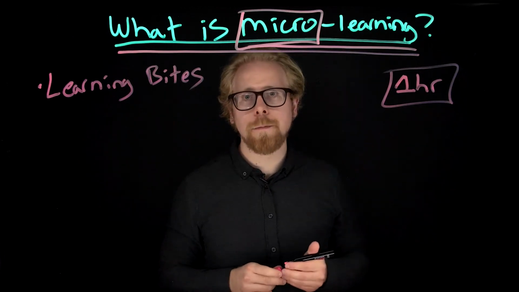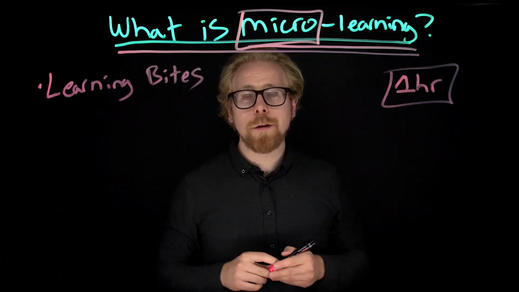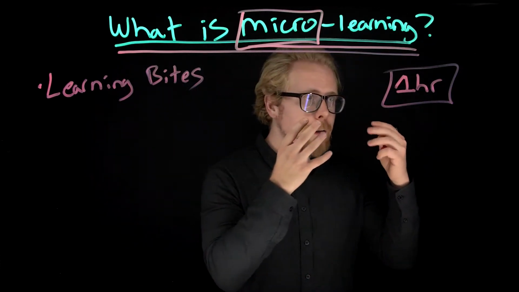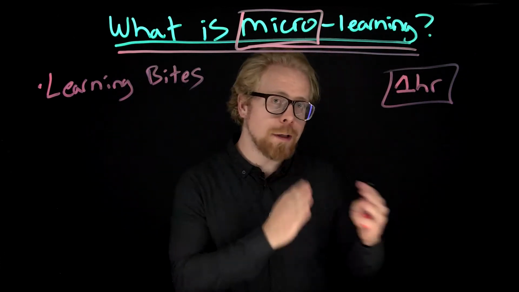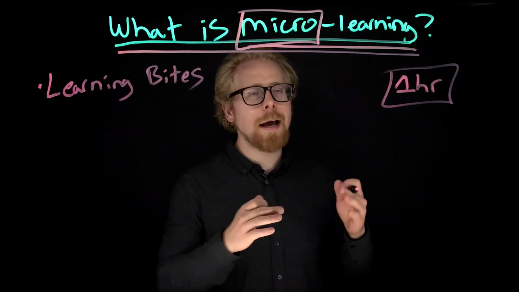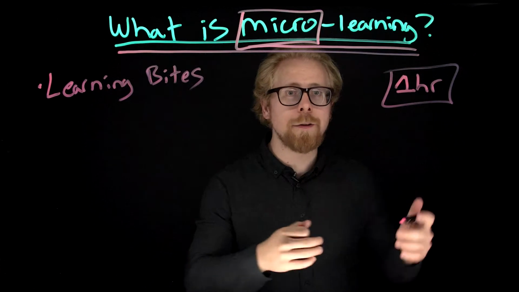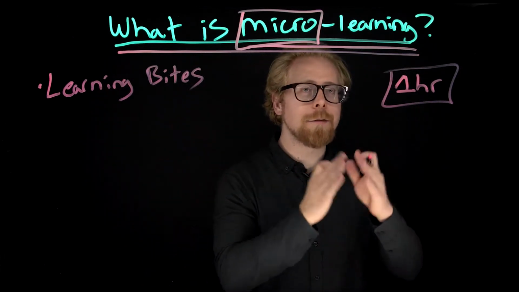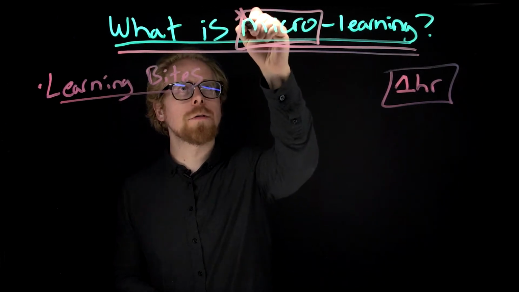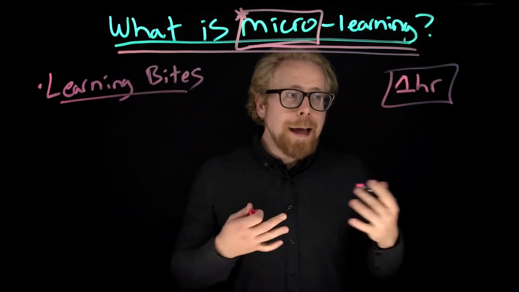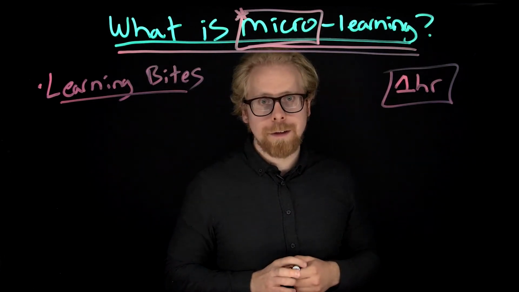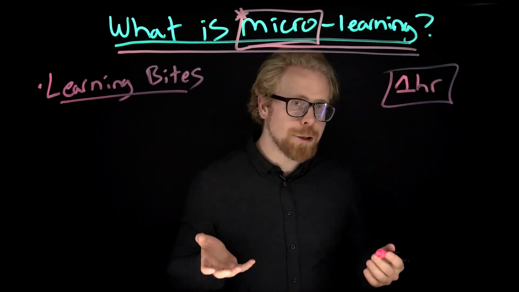Now, maybe your employee will sit through that 1 hour in one session. The problem is, if they have a question on that 1 hour, if it's delivered to them as the full hour and not a learning bite or micro, they have to scrape through that 1 hour of content to answer their question.